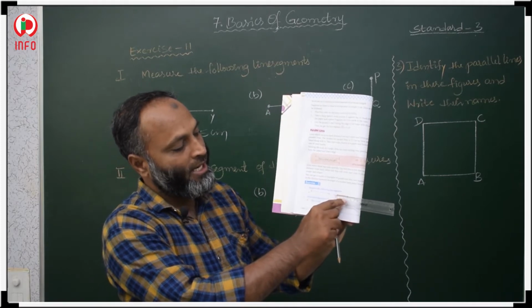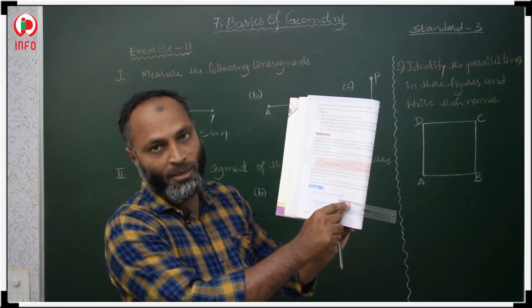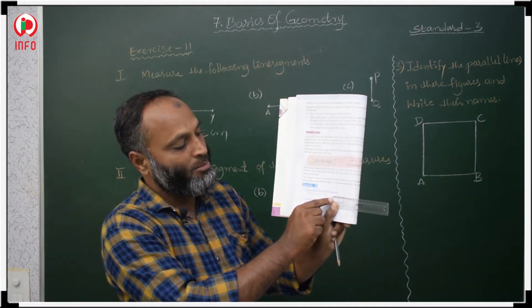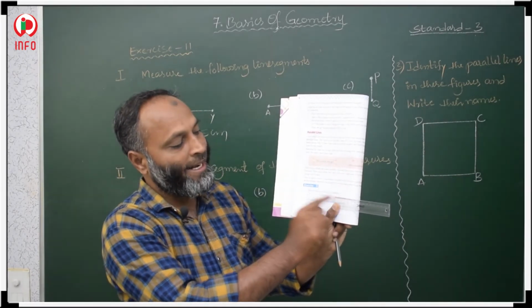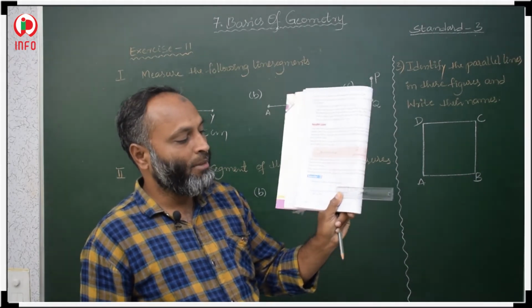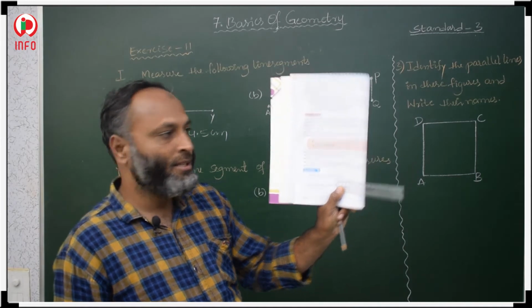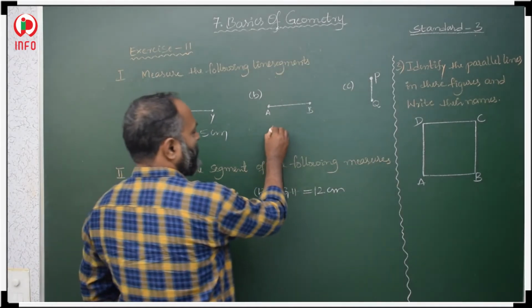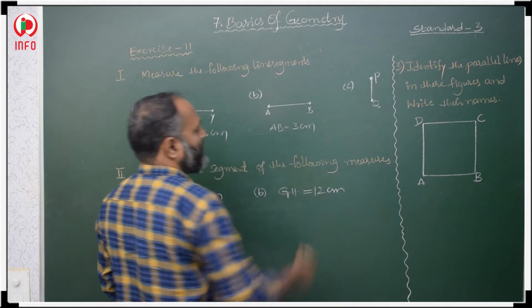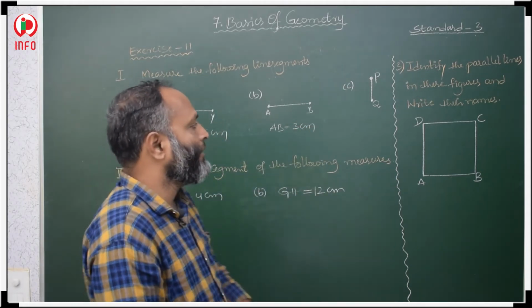The second point coincides at 3 centimeters. So, the AB line segment length is 3 centimeters.